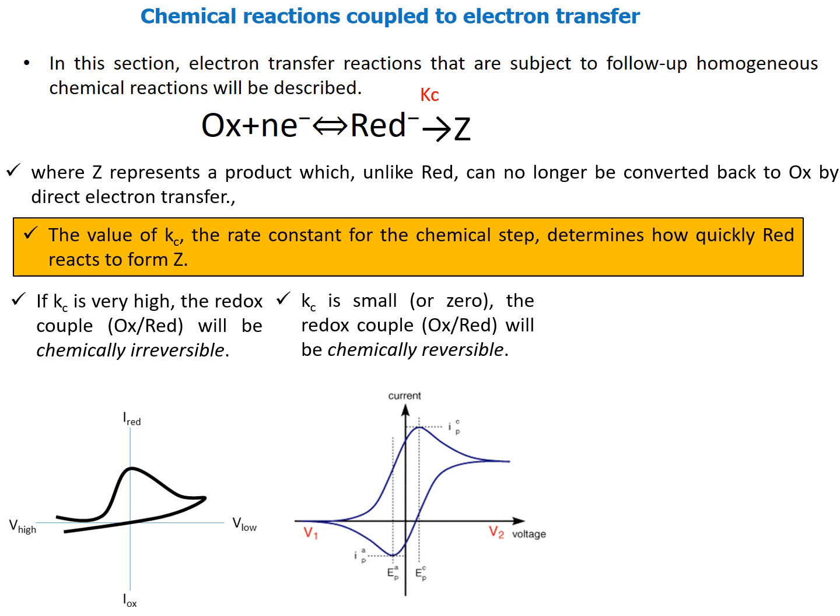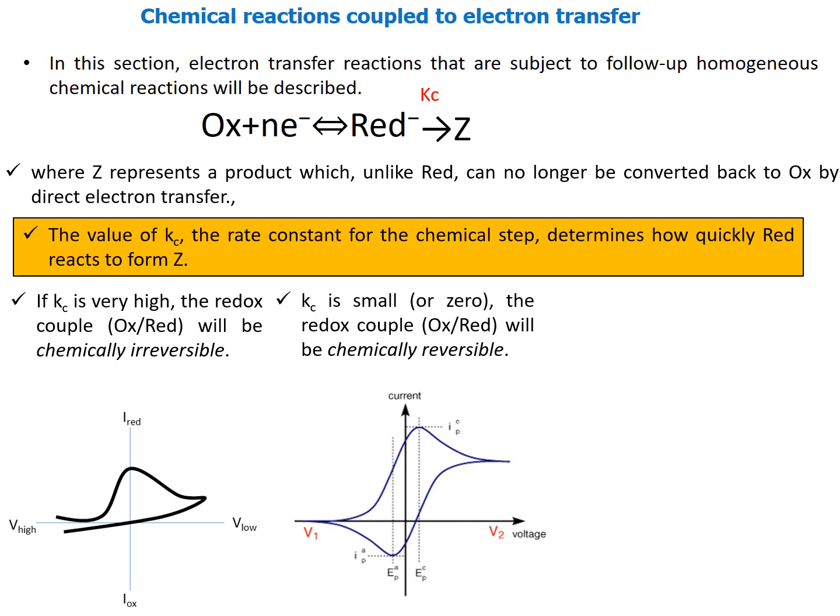What does it mean? If the rate constant of this chemical reaction is very small, then the RED species formed will be converted back by the electron transfer process to the OX species before it can undergo chemical reaction.